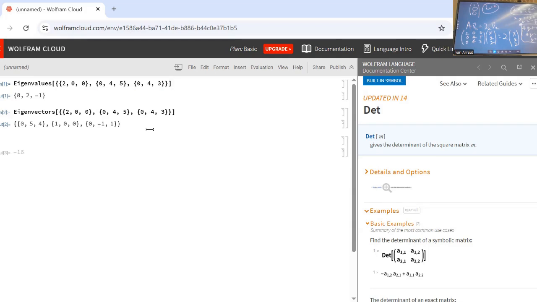These vectors, this is what I wanted to explain. I explained before, but let's put it here. These vectors show me the axes of symmetry of my data.